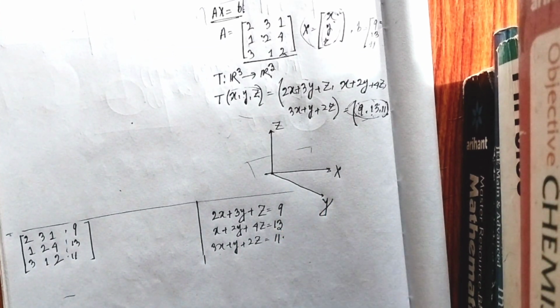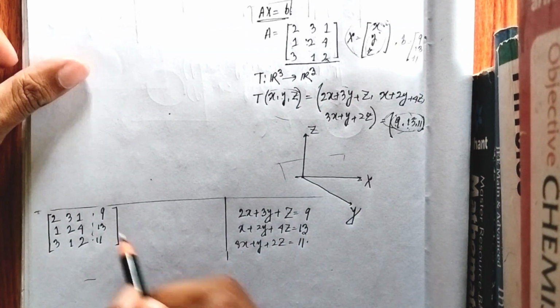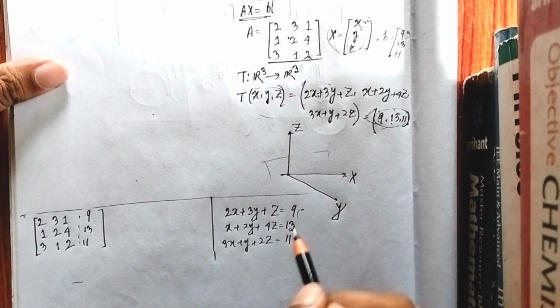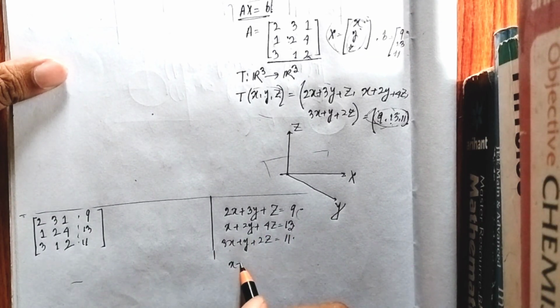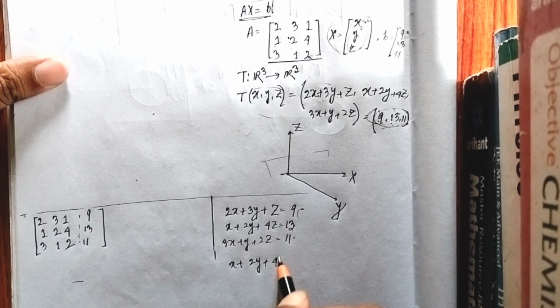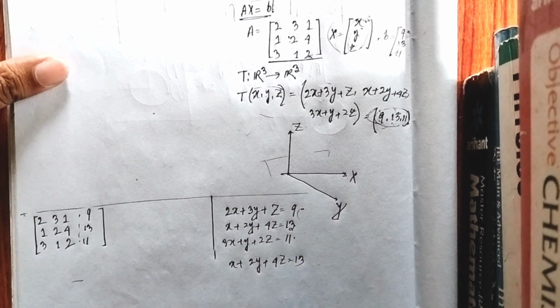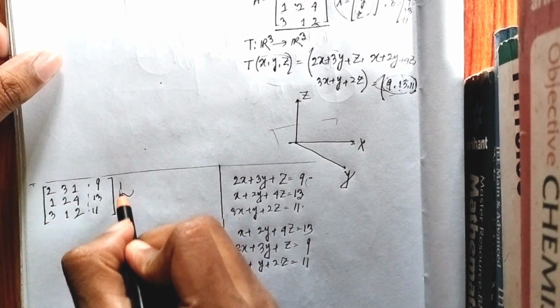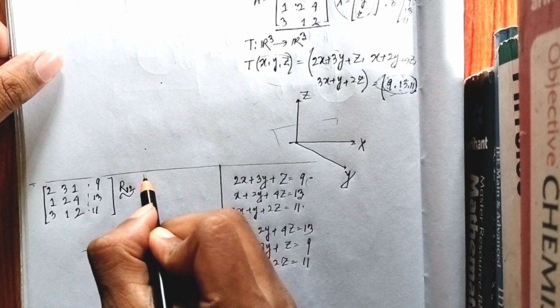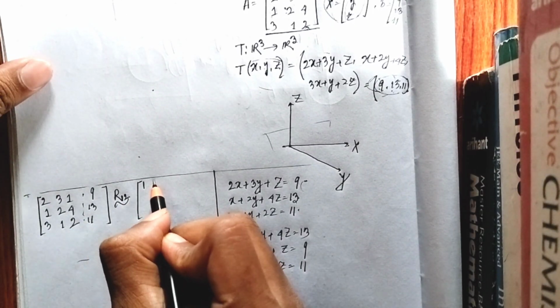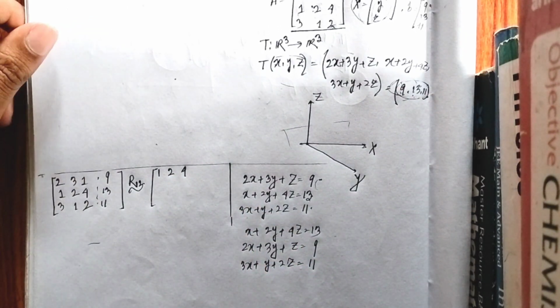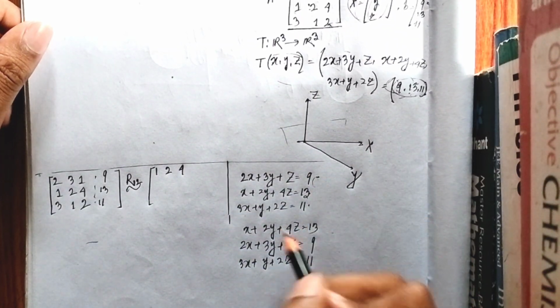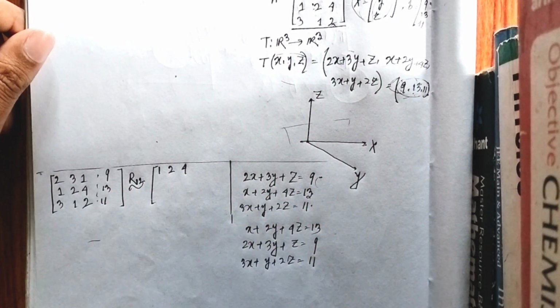First of all, we will swap these 2 equations. This swapping is allowed, so we will do the same thing. We will swap R1 and R2, and we will end up with 1 2 4. Just like this we swap this one and this one, and here we also swap 1 and 2.